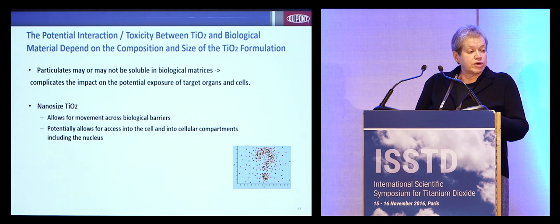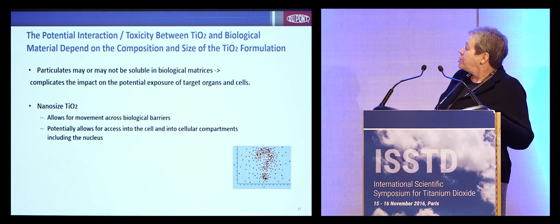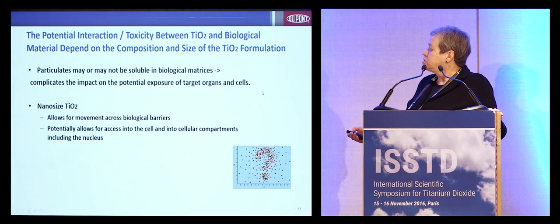However, again, back to the practical testing lab where I come from and where I live, the potential interaction and toxicity depend on the composition and size of the TiO2 formulations. Particulates may or may not be soluble in biological matrices, which complicates the impact on the potential exposure of target organs and cells.